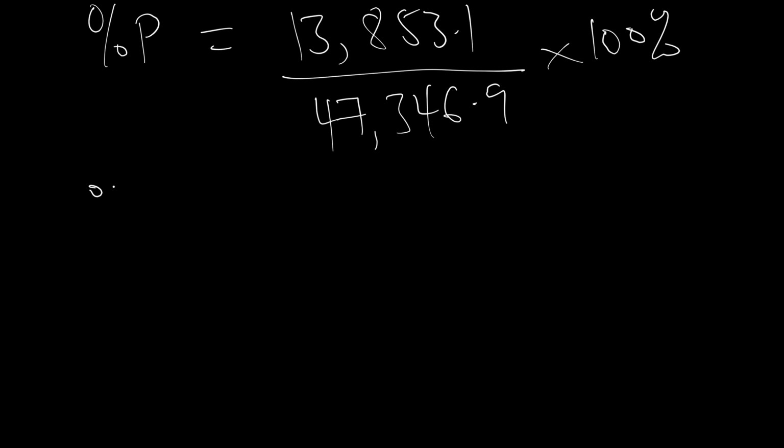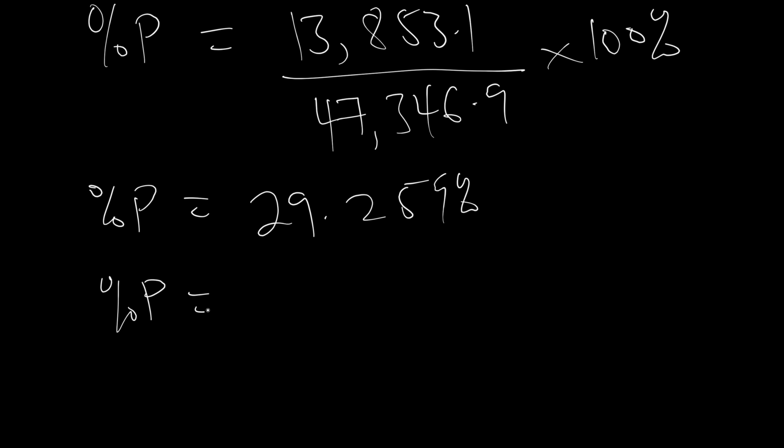So our new percentage profit will be equal to 29.259%. But then we are being asked to leave our answer in 2 decimal places. So our percentage profit will be equal to 29.26%. This brings us to the end of question 4.